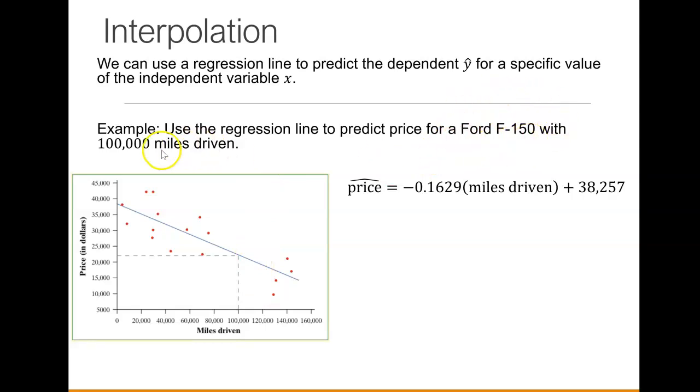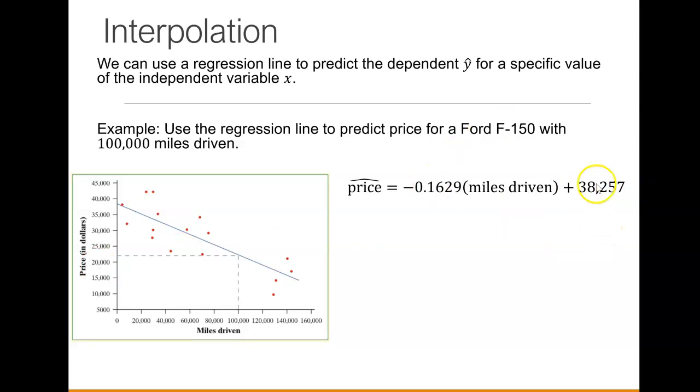The other thing that we might be asked to do is to predict the price for a Ford F-150 with 100,000 miles on it. So to do that, we find 100,000 miles. We trace up and we trace over. Or you could plug 100,000 miles into our equation. You're both doing the same thing. Depending if you have just the graph, you'd have to do something like this.